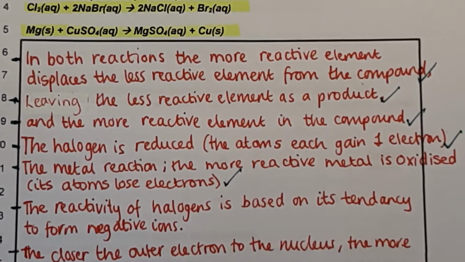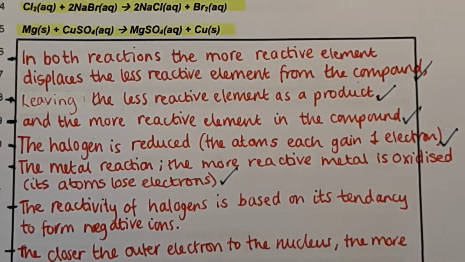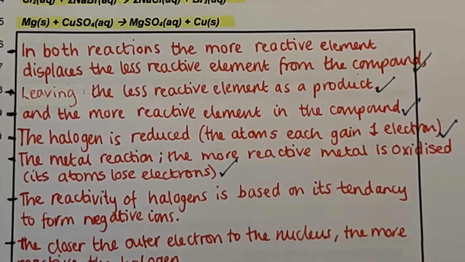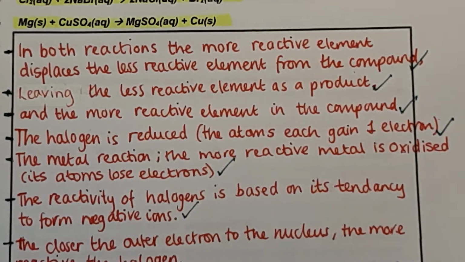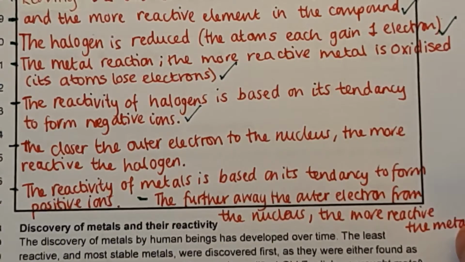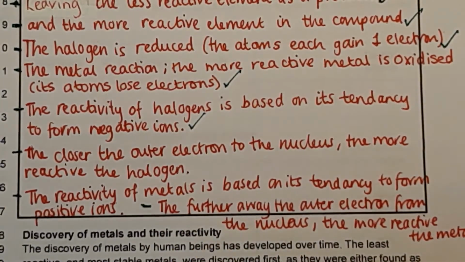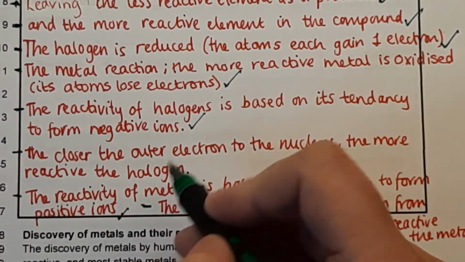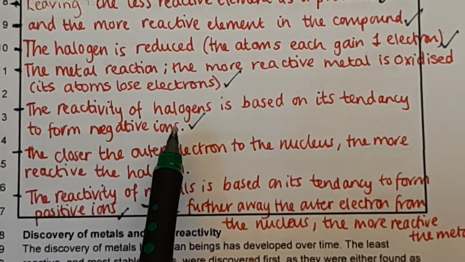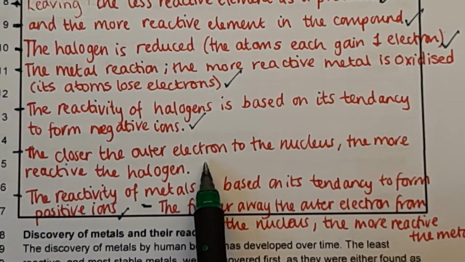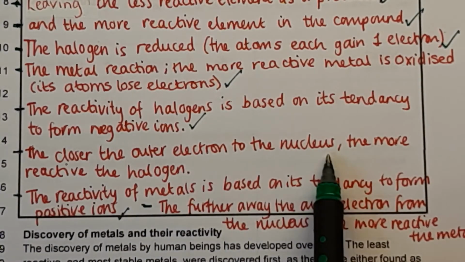Okay, so moving on, then we could talk about how the reactivity of halogens is based on its tendency to form negative ions. Whereas conversely, you could say that the reactivity of metals is based on its tendency to form positive ions. So they form ions of opposite charge. Now, for halogens, the closer the outer electron, that's the valence electron, to the nucleus, the more reactive the halogen.